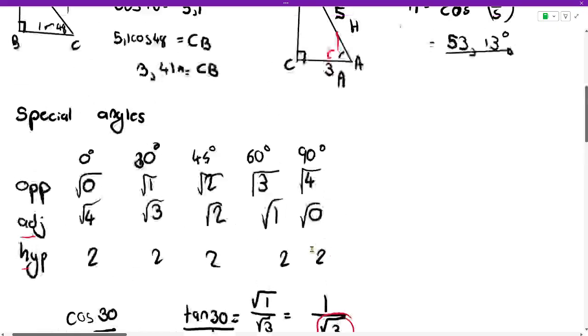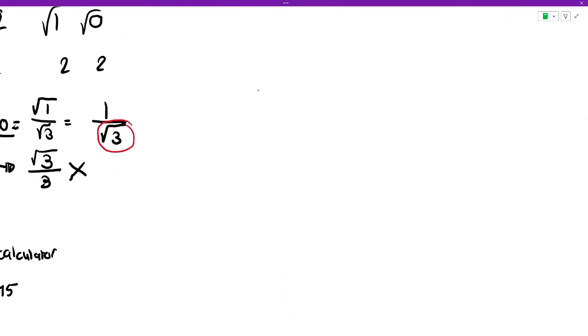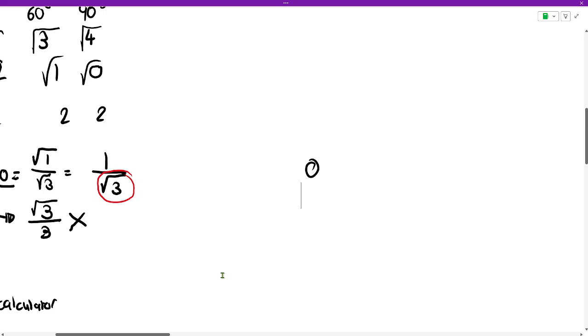Right. Now, this can be done the opposite way, where let's say you get root 2 cos of x is equal to 0. What this means is you want to get cos of x on its own.